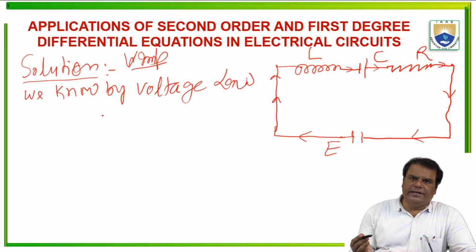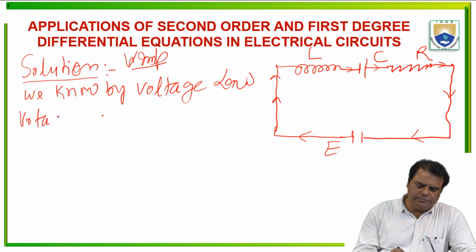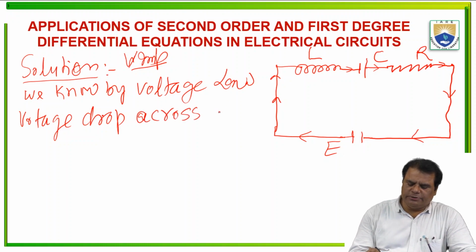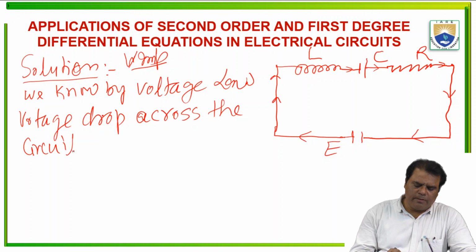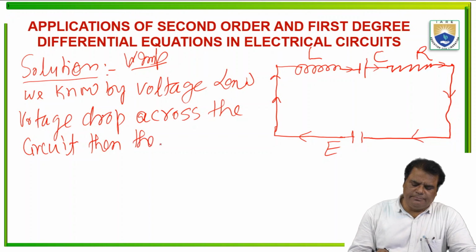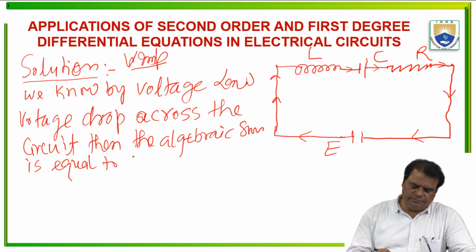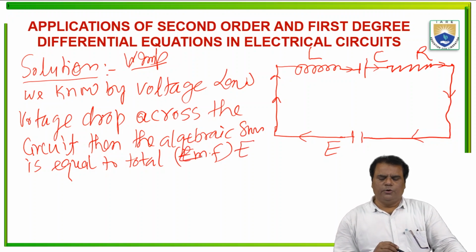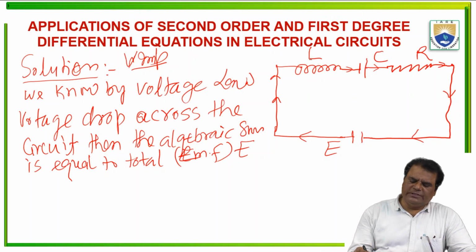Voltage law: total voltage drop across the circuit, then the algebraic sum is equal to the total electromotive force, total EMF, E.